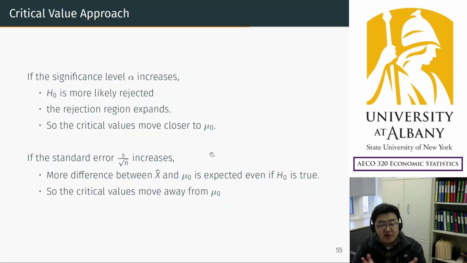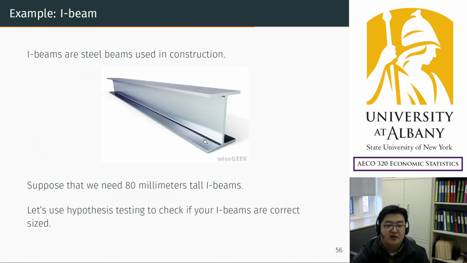Okay, we learned three approaches. Now we are going to apply them to another example. Think about I-beams. These steel beams are called I-beams because their cross section looks like an uppercase letter I. There are some standard sizes for the I-beams, and the smallest I-beam standard size is 80 millimeters.